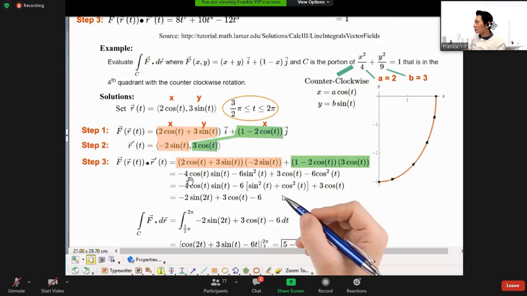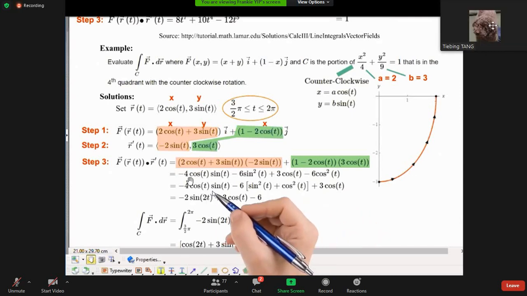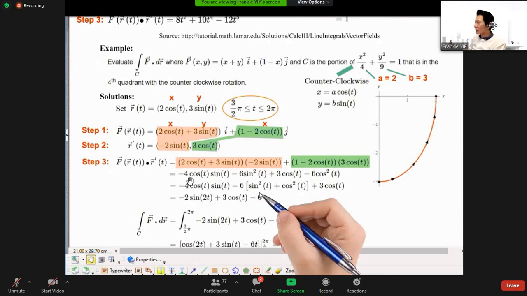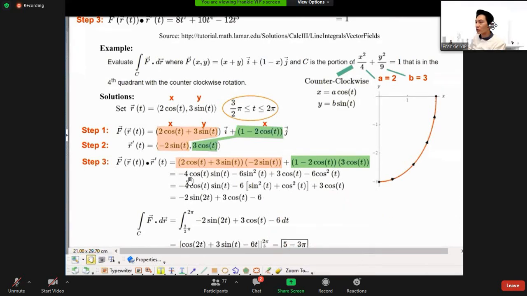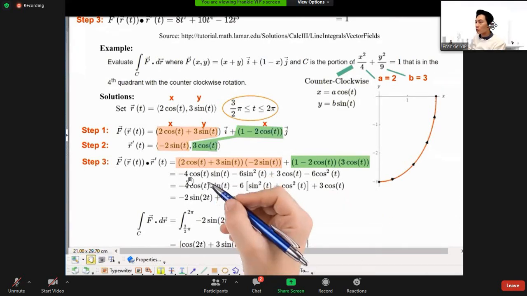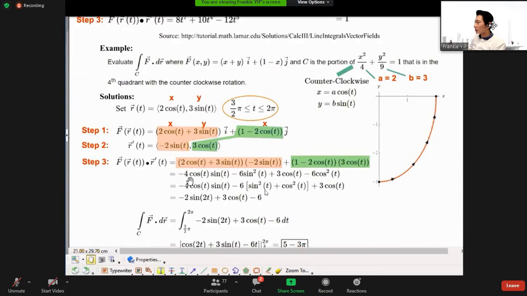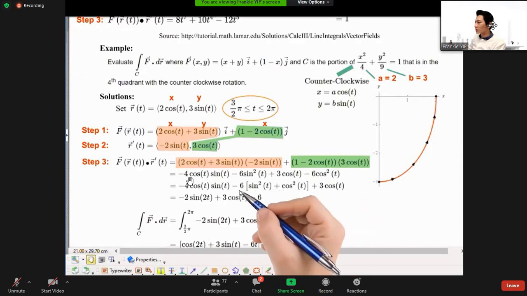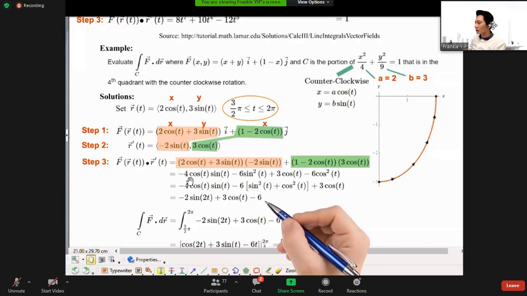You can see that once we group sine squared plus cosine squared, what we have is 1. So it becomes minus 6 times 1 here.